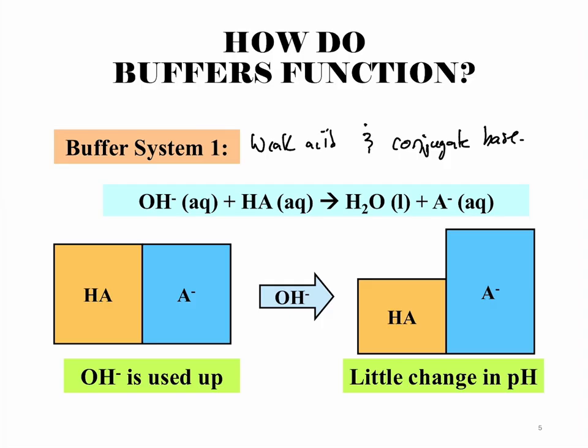Now we have the weak acid that's going to be used to neutralize the OH minus that's added to solution. So this proton from the weak acid is going to get donated to the OH minus to create water again. We want water because it's not going to change our solution. It's going to leave our solution neutral in terms of pH. So we just get a small change in pH, which we know is equivalent to changing the pOH of that solution.